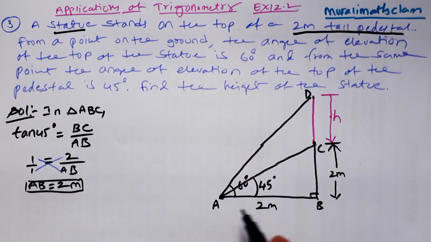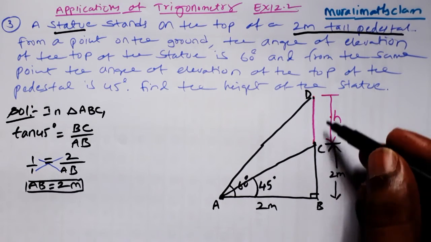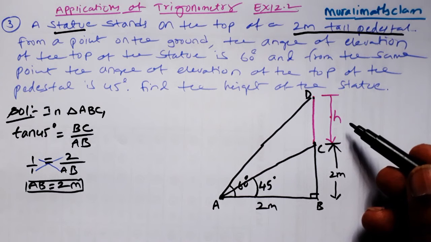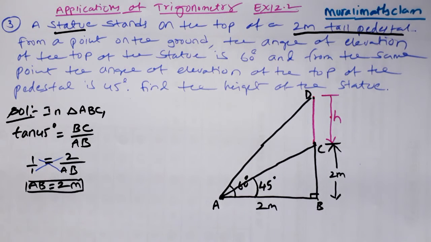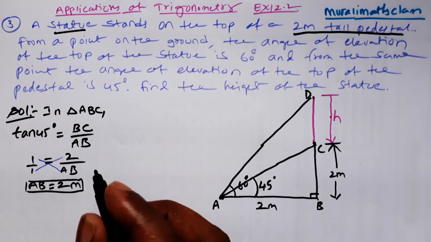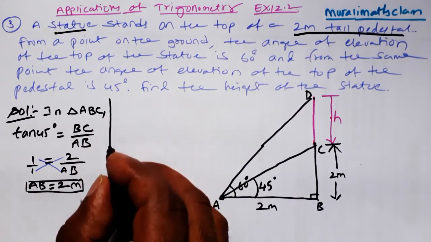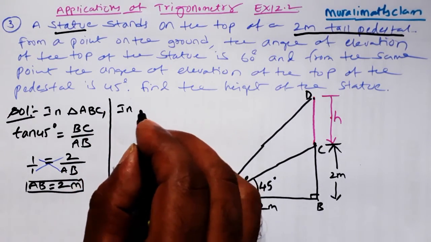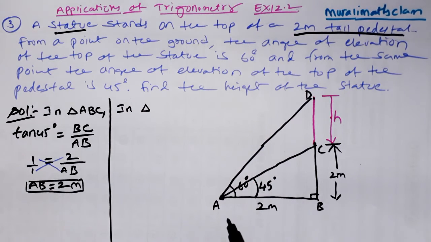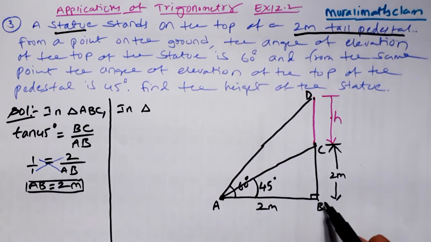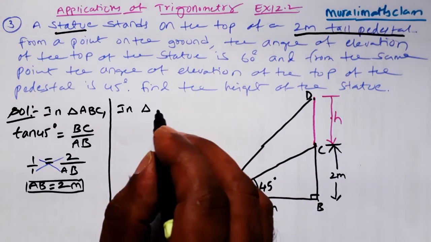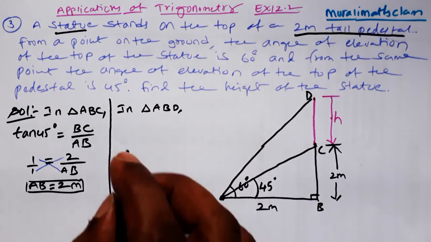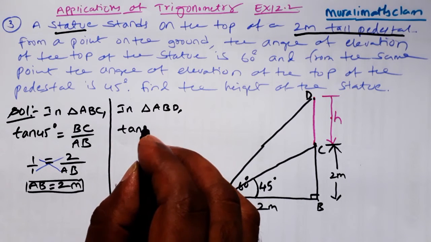But we don't want this AB answer. We need CD, which is nothing but h. So for that we need to take one more triangle. Now let us take triangle ABD. You apply tan 60.